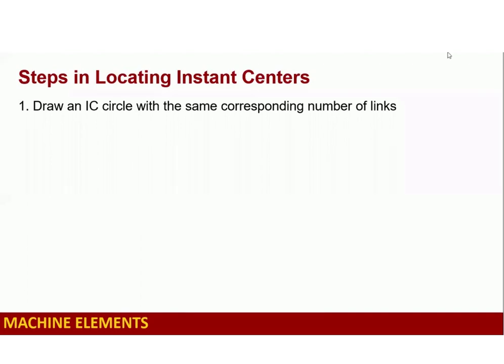So if you have, for example, a 4-bar mechanism, you may draw an IC circle numbered with the same number of links, so that we have 1, 2, 3, and 4.